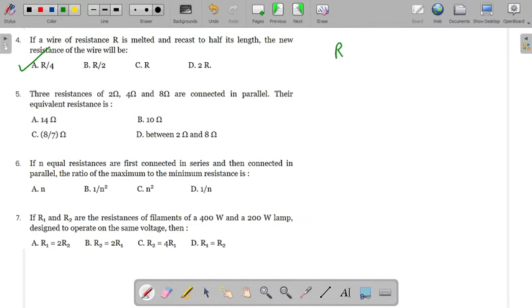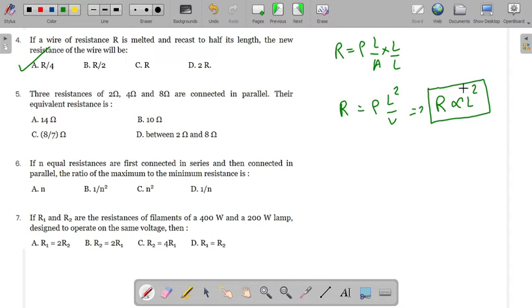In the formula R equals rho L upon A, we multiply L in numerator and denominator and convert our formula into R equals rho times L square upon volume. Since resistivity and volume both are constant, R proportional to L square is the formula we get. On the basis of this we can solve the question.